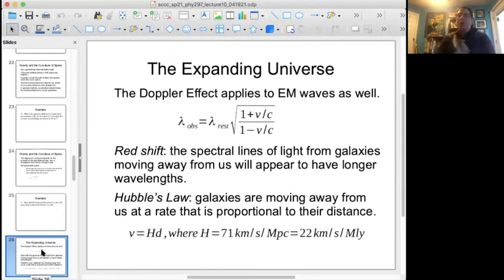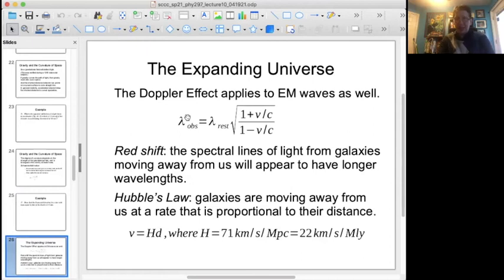And so most galaxies that we can look at, and pretty much all the galaxies that aren't relative neighbors, the frequencies of spectral lines, particularly of hydrogen, are shifted to the red, or to greater wavelengths. And so what that means, from the Doppler effect, is that they're moving away from us.